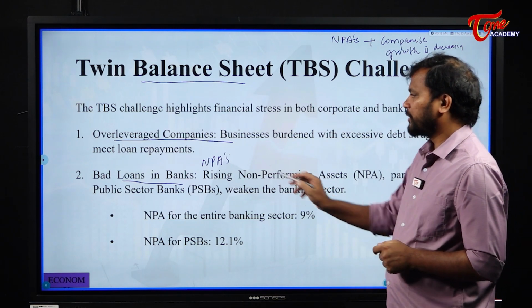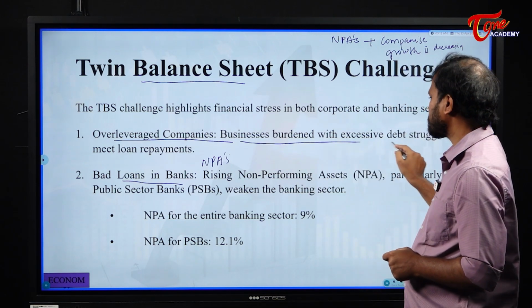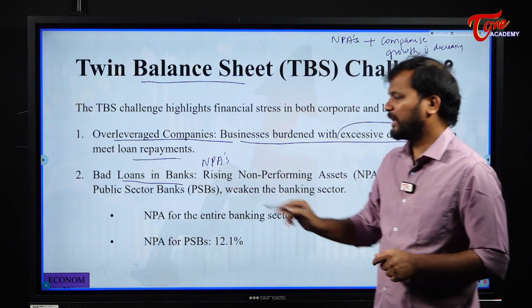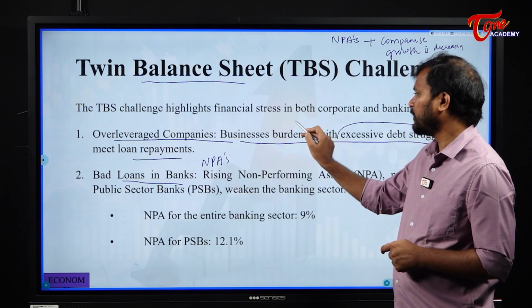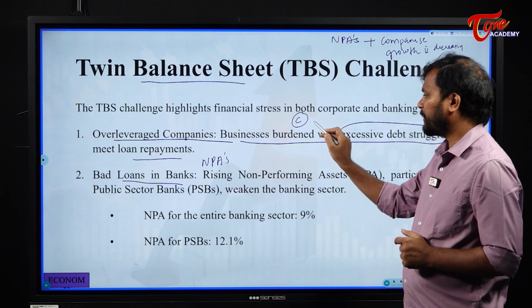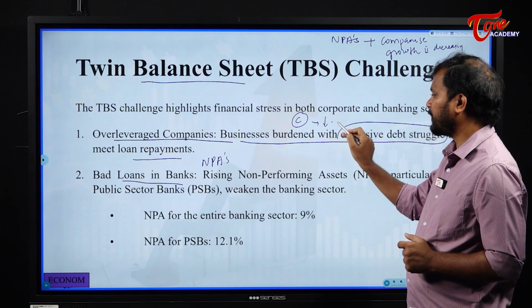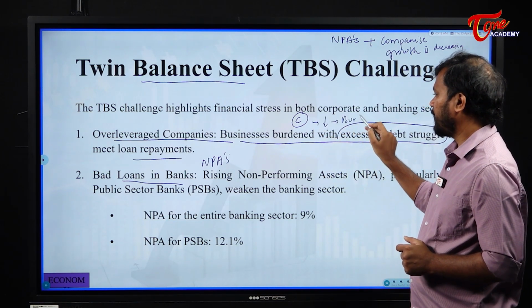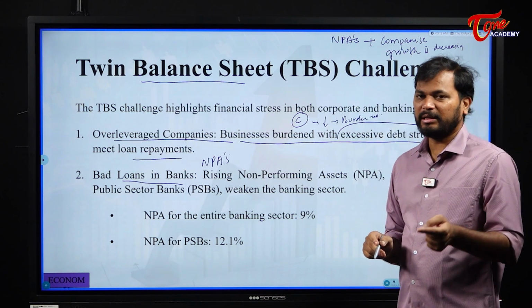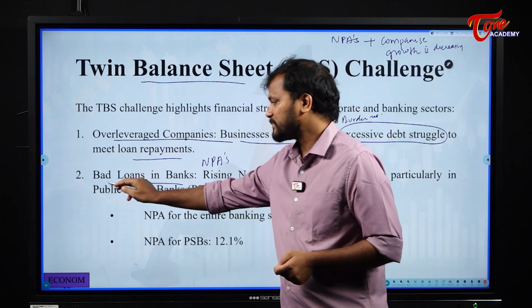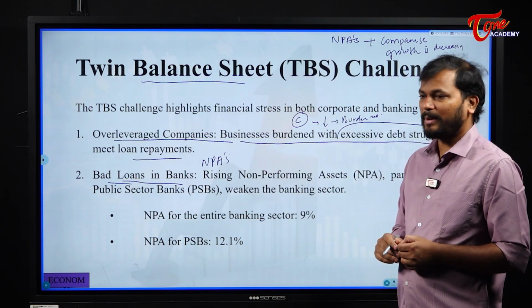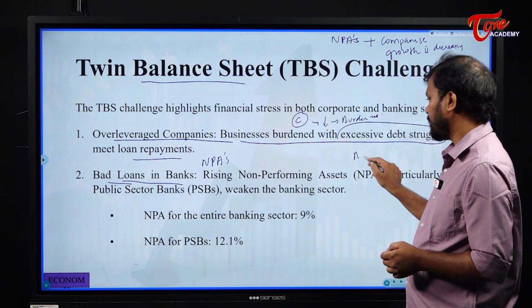So, businesses burdened with excessive debt struggle to meet loan repayments. There is a company that has been given a loan by the bank, but that company is not performing well and it is burdened. As a consequence of this burden, the loans given by the banks, now considered bad loans, are not repaid to the banks, leading to increased NPAs.